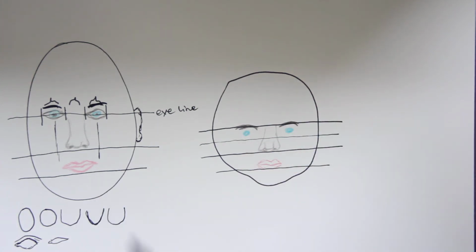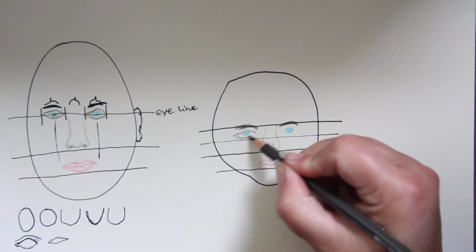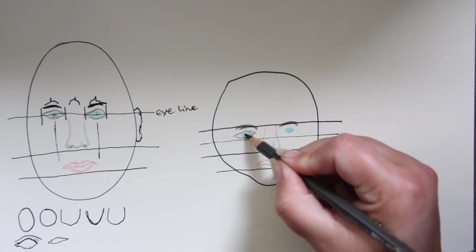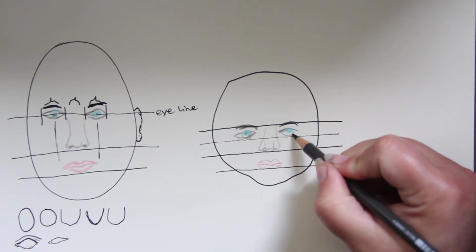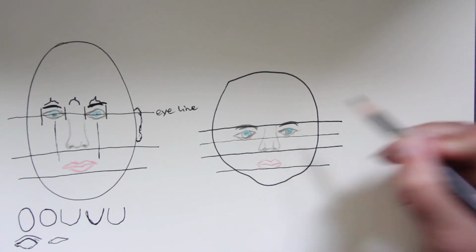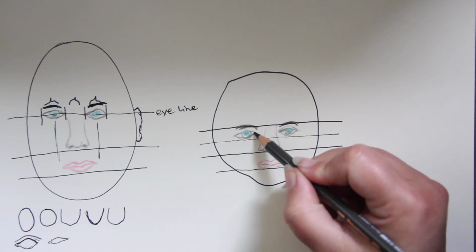And again, I'm just doing blue eyes so you can see the difference, but eyes come in a variety of colors. They come in a variety of shapes: blue, green, hazel, brown, black. There is violet eyes if the child has hooded eyelids.